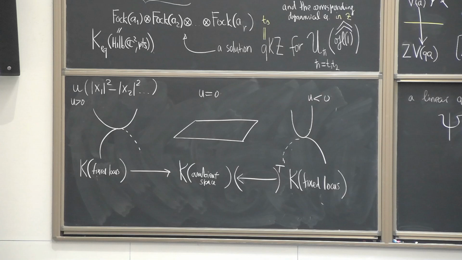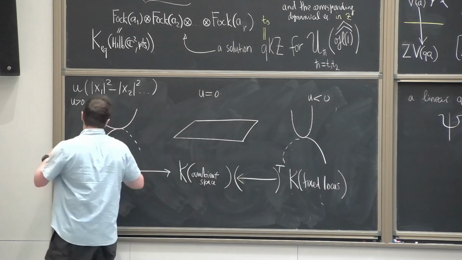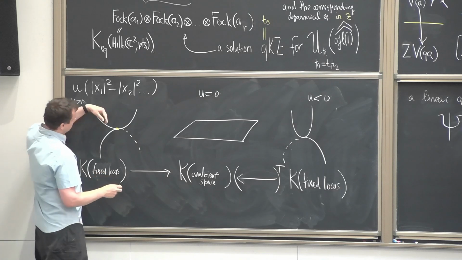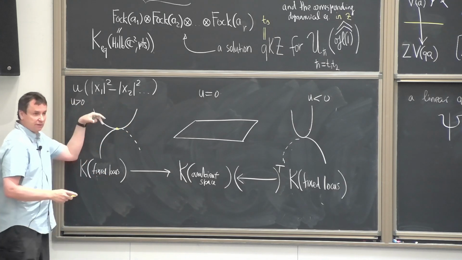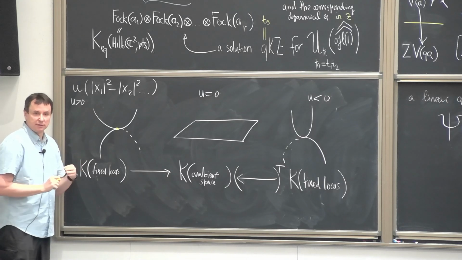But if you want the physical interpretation of that map, you may think about it as some term in the potential that changes sign, and my critical locus all of a sudden changes. What was the minimum became maximum, and what was maximum became minimum.